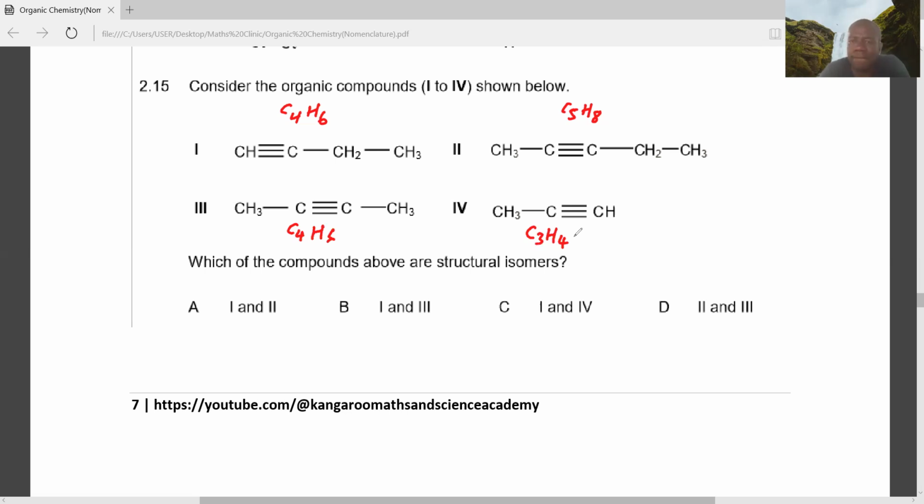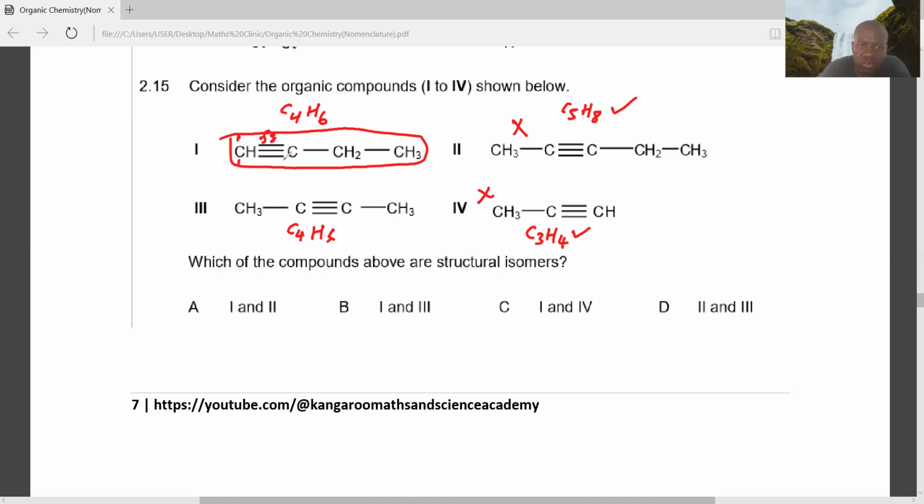Now, looking at this, you see that since these two do not have the same molecular formula, they are out. So it means these two are the ones. In terms of their naming, this will be 1. If you choose the longest chain with the functional group, the functional group is at carbon number 1.